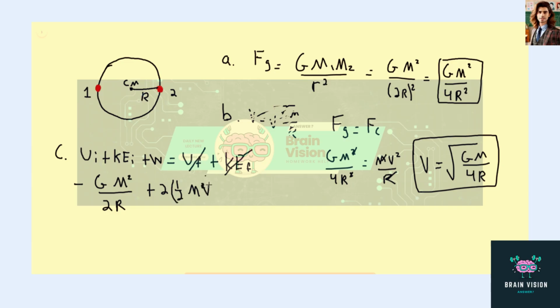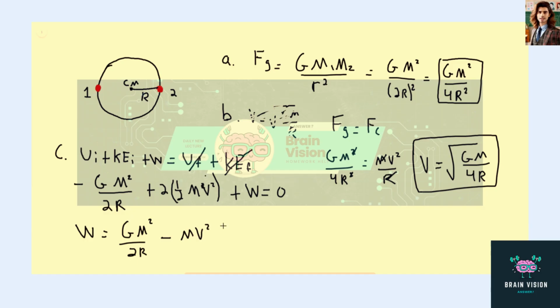So mv squared. And then plus the work we're doing, and this whole thing needs to equal 0 since both of those final terms are 0. So we can get the work by itself, and that should be equal to Gm squared over 2r, and then minus mv squared, since that 2 and that 1/2 canceled out.